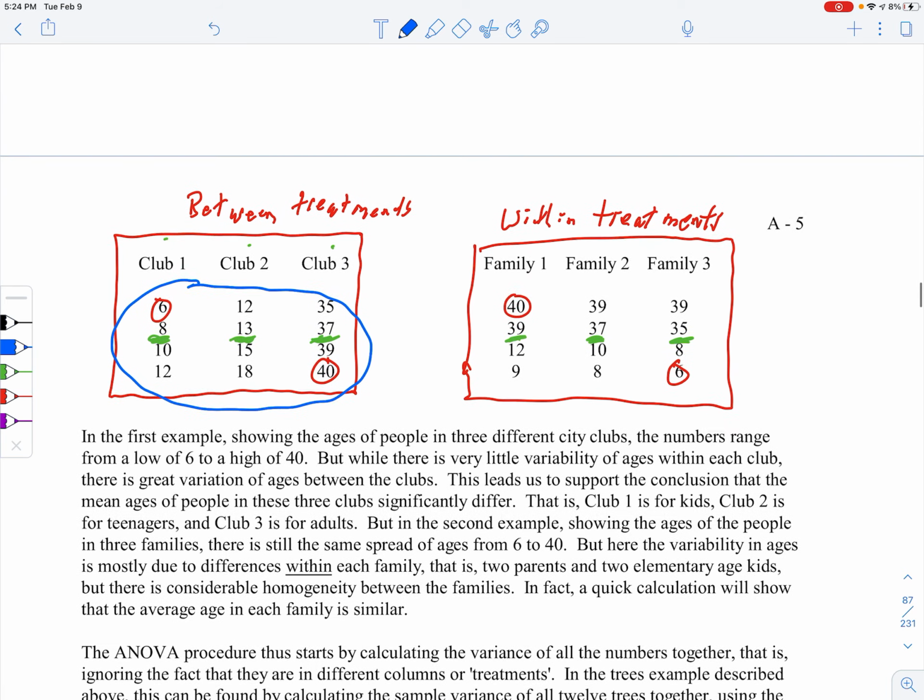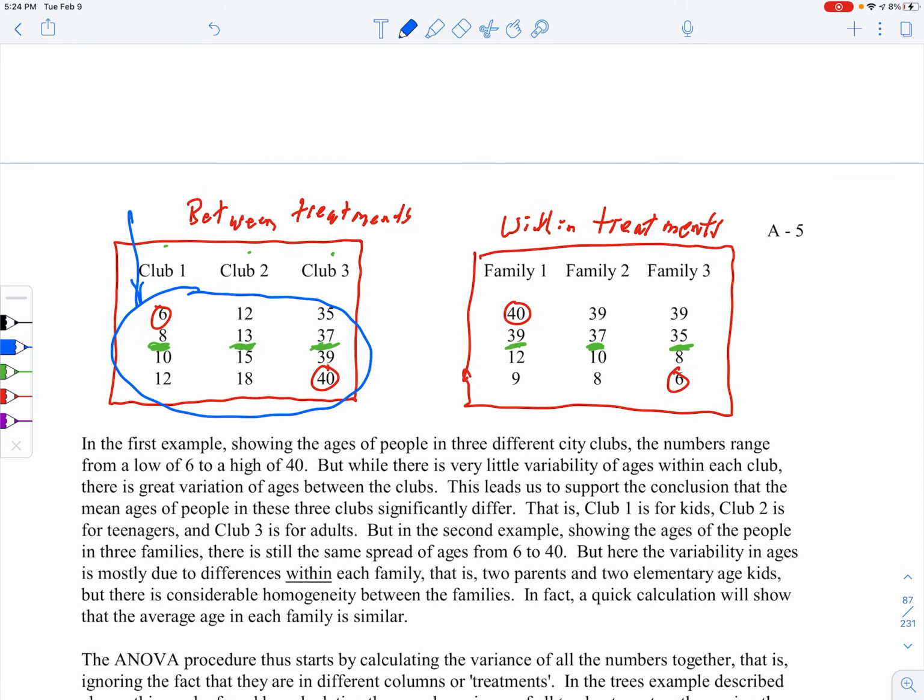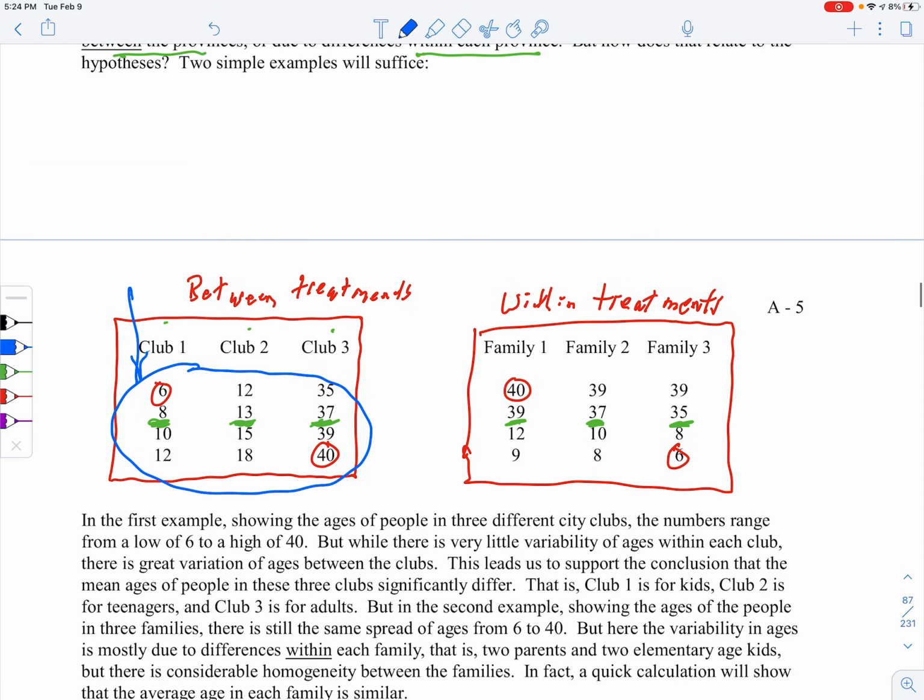Now, all SST is, remember this formula? The variance is equal to the sum of the x minus the x bars squared over n minus 1. Oh, sorry, that's not a sigma, that is an s, isn't it? Because that is a sample variance.